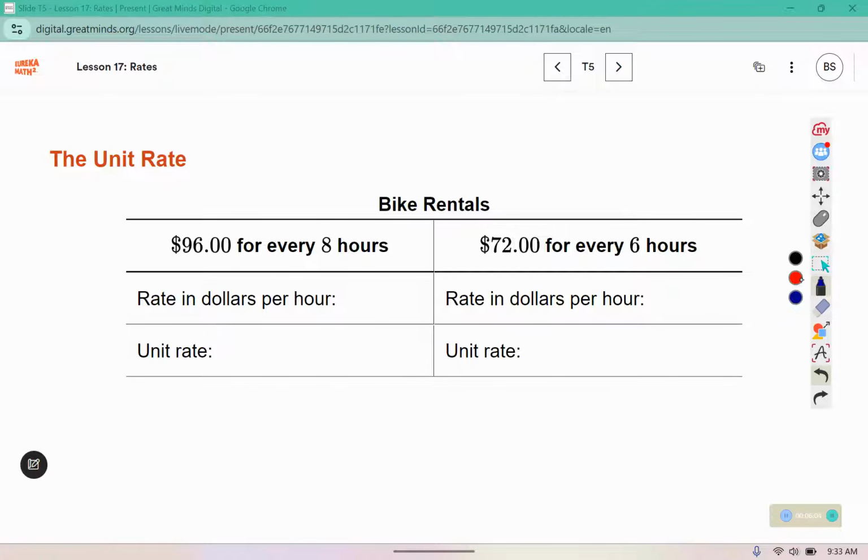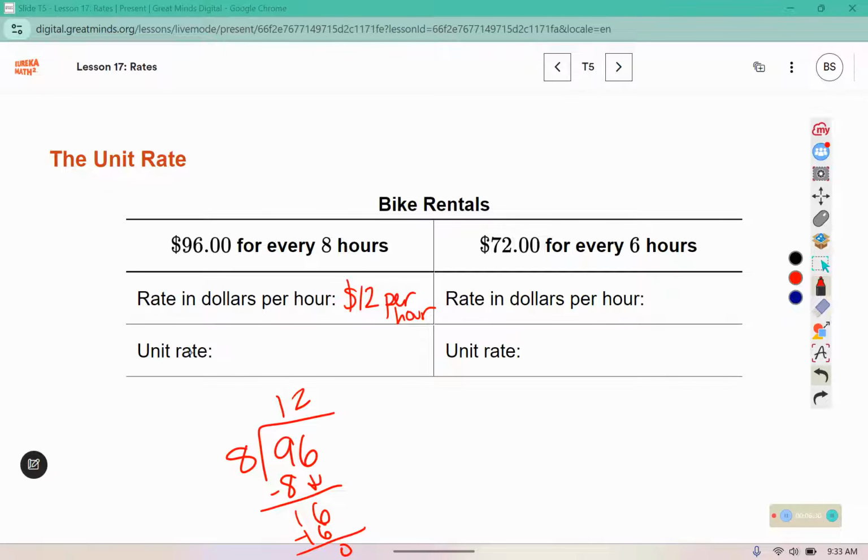So we have to divide by 8. 8 can go into 9 once. Bring down the 6. 8 fits into 16 2 times. So the rate in dollars per hour is $12 per hour.